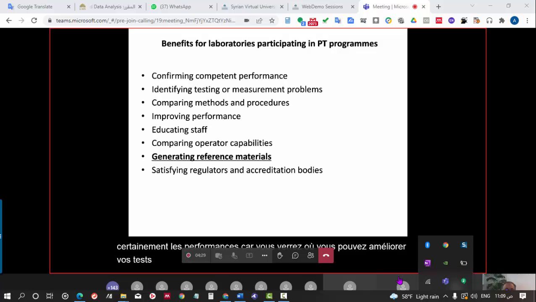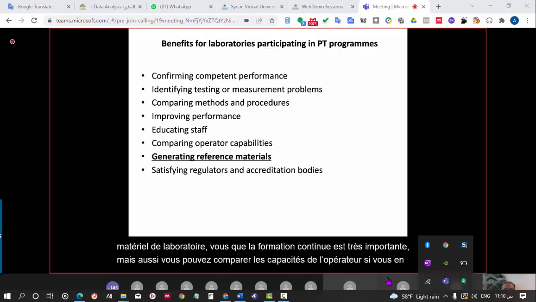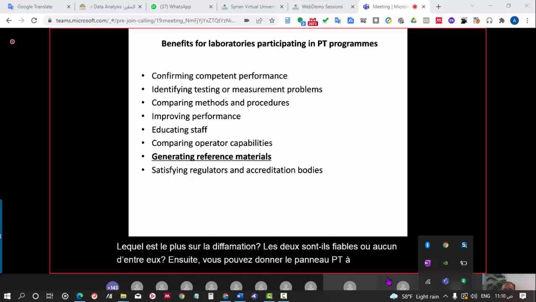Also, it can be used for educating your laboratory staff. You know that continuous education is very important. But also you can compare operator capabilities. If you have two technicians and you want to see which one is more reliable, are both of them reliable or none of them, then you can give the PT panel to one and to the other operator and then compare the results.